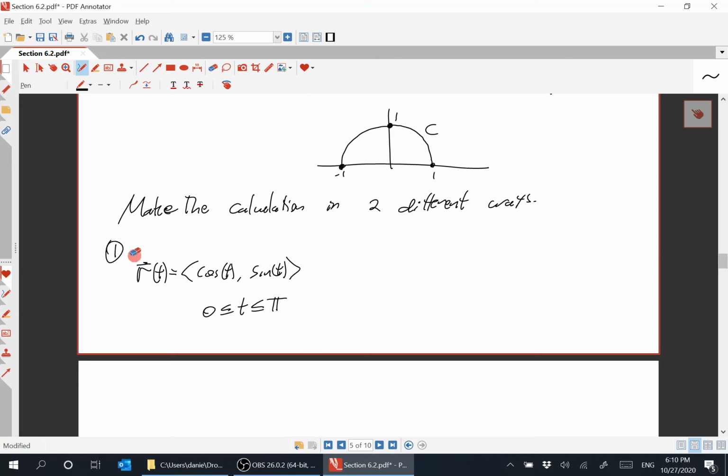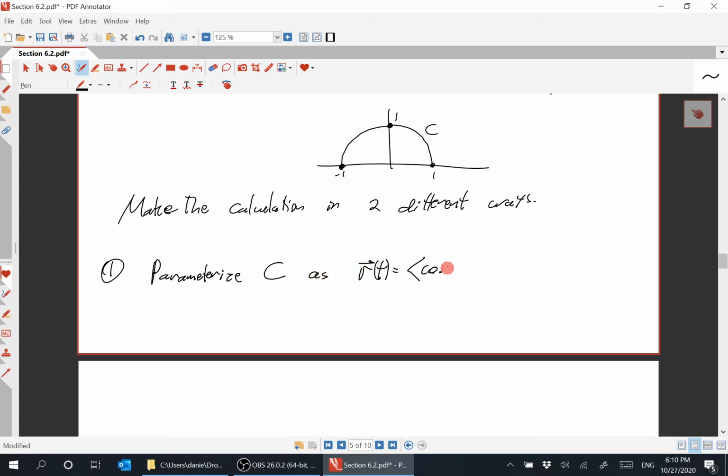So method 1: parameterize C as r of t equal to cosine t, sine t, for 0 less than or equal to t less than or equal to pi. And we need to know the derivative r prime and the length of r prime.